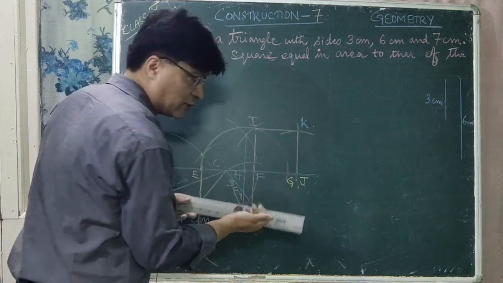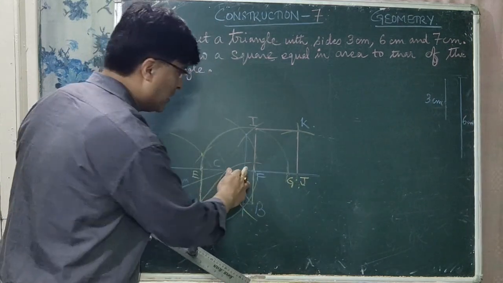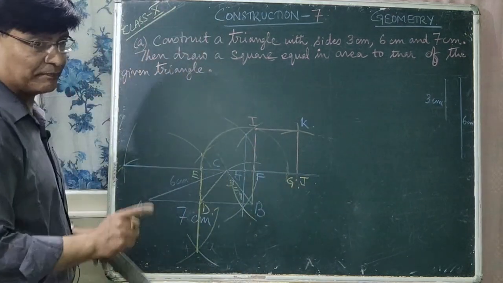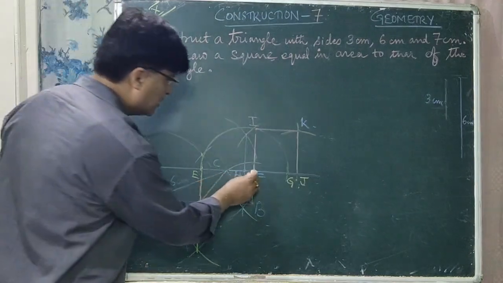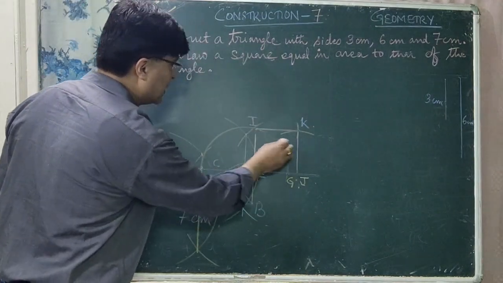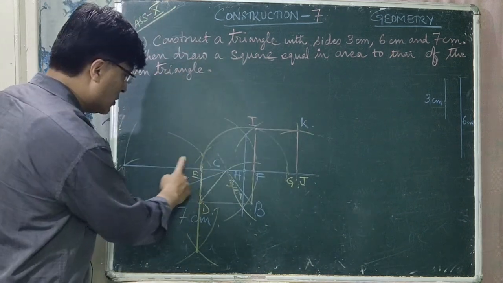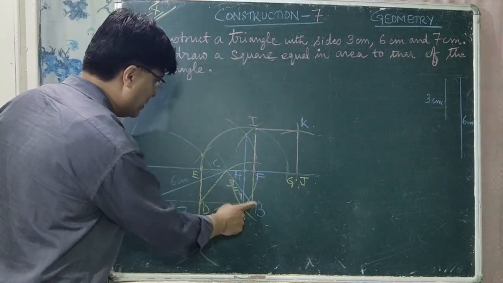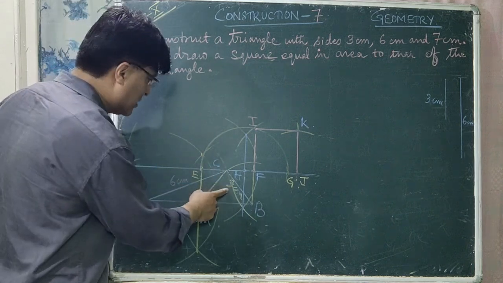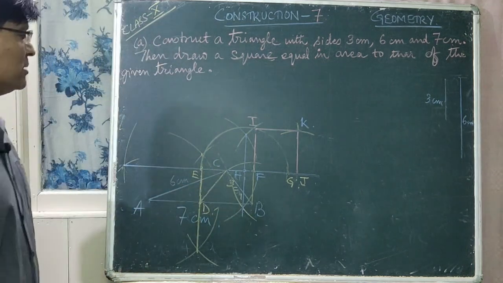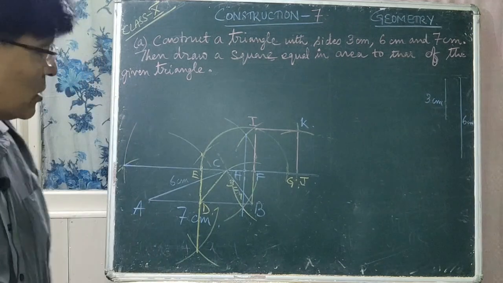This FJ is also joined. It is already joined, isn't it? F and J are already joined. So in this case, this FJKI is the required square whose area is equal to the area of the given triangle ABC, whose lengths are 3 cm, 6 cm and 7 cm. So this is your construction.